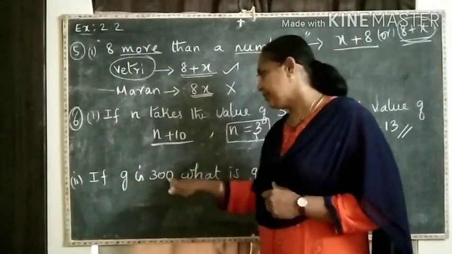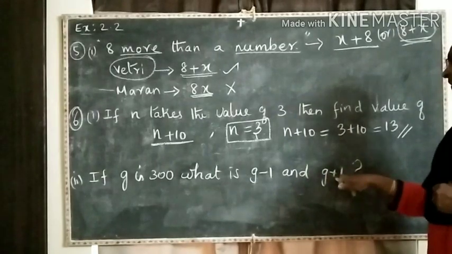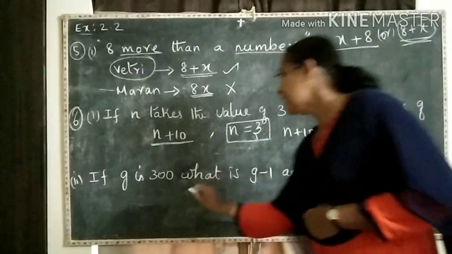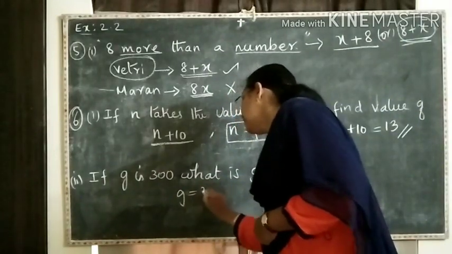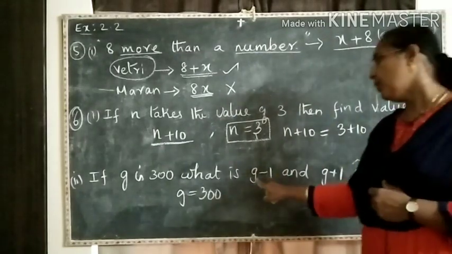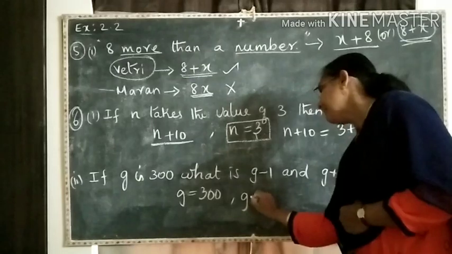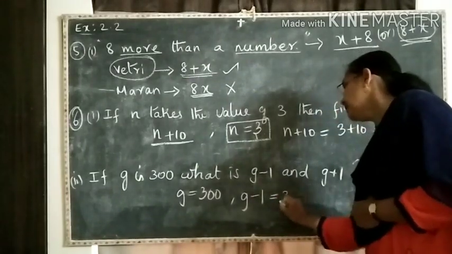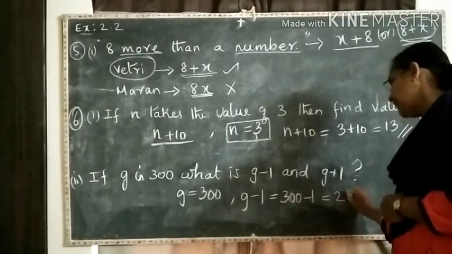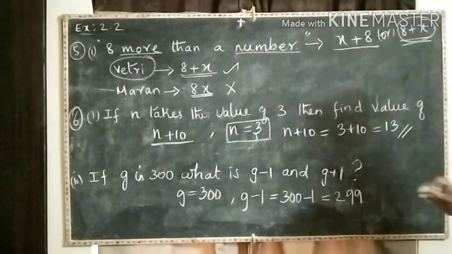Okay, now look into the next subdivision. If g is 300, what is g minus 1 and g plus 1? So g is equal to 300. Now what is the answer for g minus 1? g minus 1 will be equal to 300 minus 1, which gives 299.